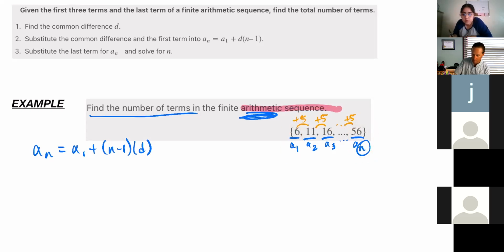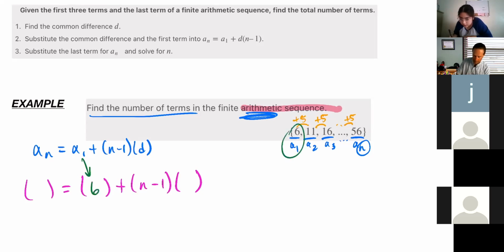So very good. I will go here and I will substitute in everything that I know, and I will leave the one and only thing that I need to know. A1 is what? Our common difference is what? 5. And that could be positive, could be negative, so very good, be careful with that.